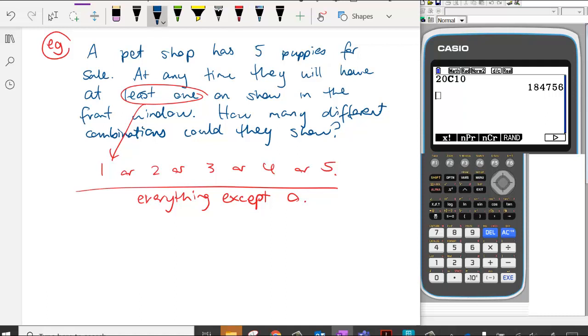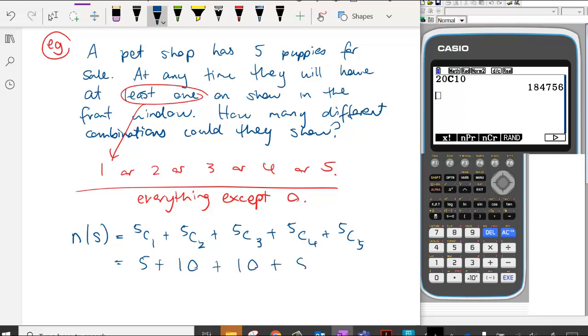There are 2 ways that we can go about this with this new piece of information. We could say that the number of selections is equal to 5C1, 5C2, 5C3, 5C4, and 5C5. So it's 1, or 2, or 3, or 4, or 5. That would be 5 plus 10 plus 10 plus 5 plus 1, and so we end up with 31.